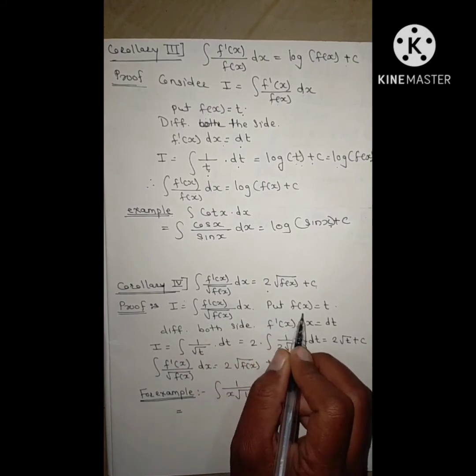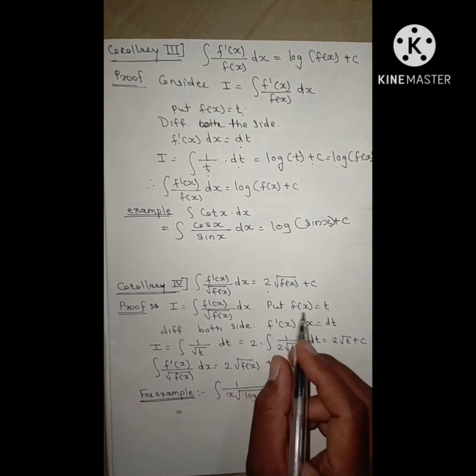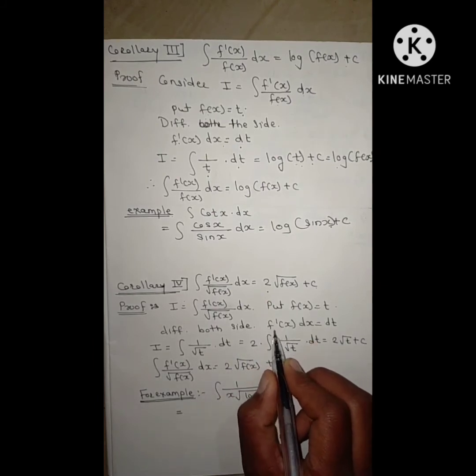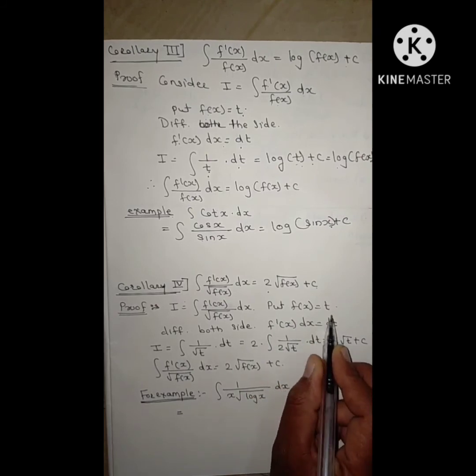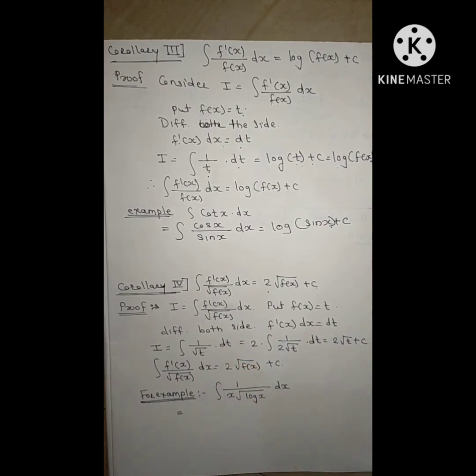Now put f of x is equal to t and differentiating both sides, we get the derivative of this f of x is f dash x dx, which is equal to derivative of this t, that is dt. Now substitute this value in this equation.